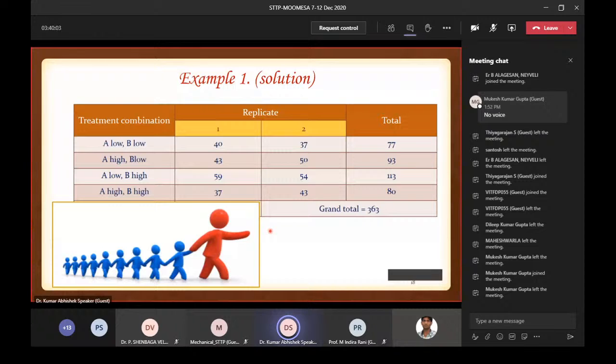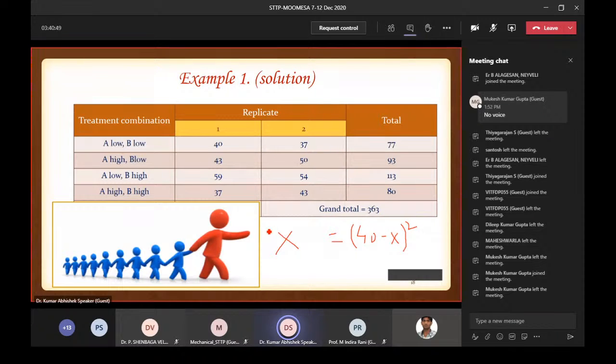You should calculate its mean value, and suppose the mean value is generated as x, then if you are looking for the first one and this is the mean value, then how much this value is different from its mean can be denoted as 40 minus mean, and in order to avoid the negative sign you just square it.